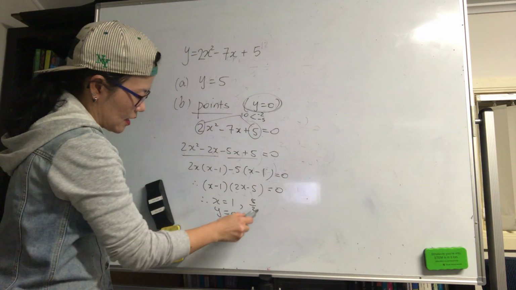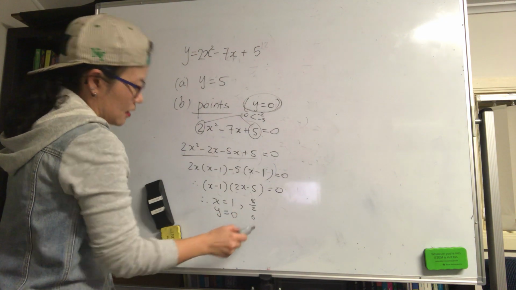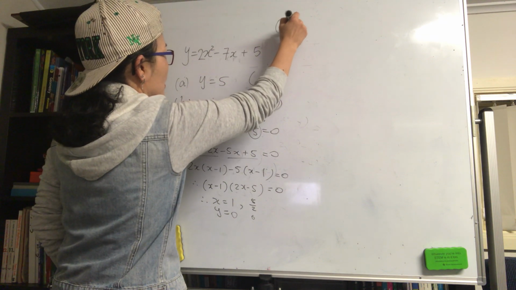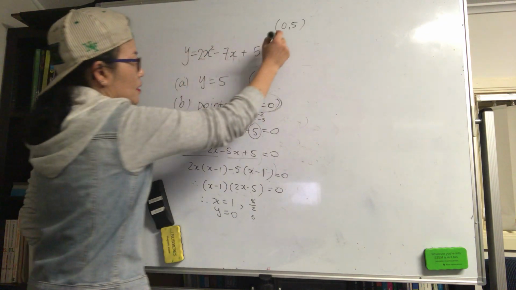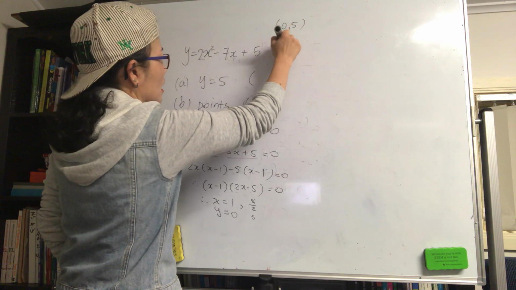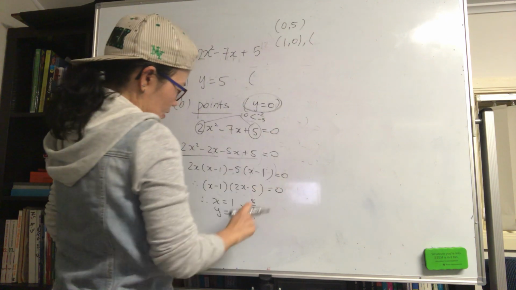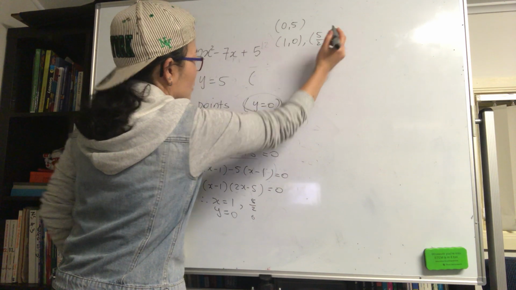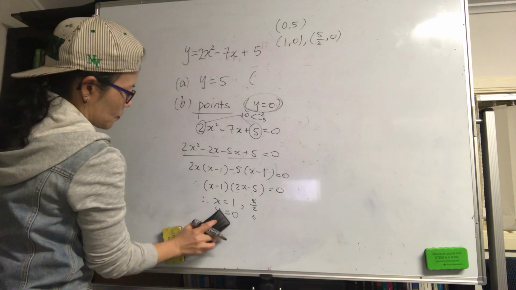So the y value is 0 here. So I'm just going to put the point here. That was our y-intercept. Our x-intercepts are 1 and 0, and 5 over 2 and 0. Okay, so that's done.